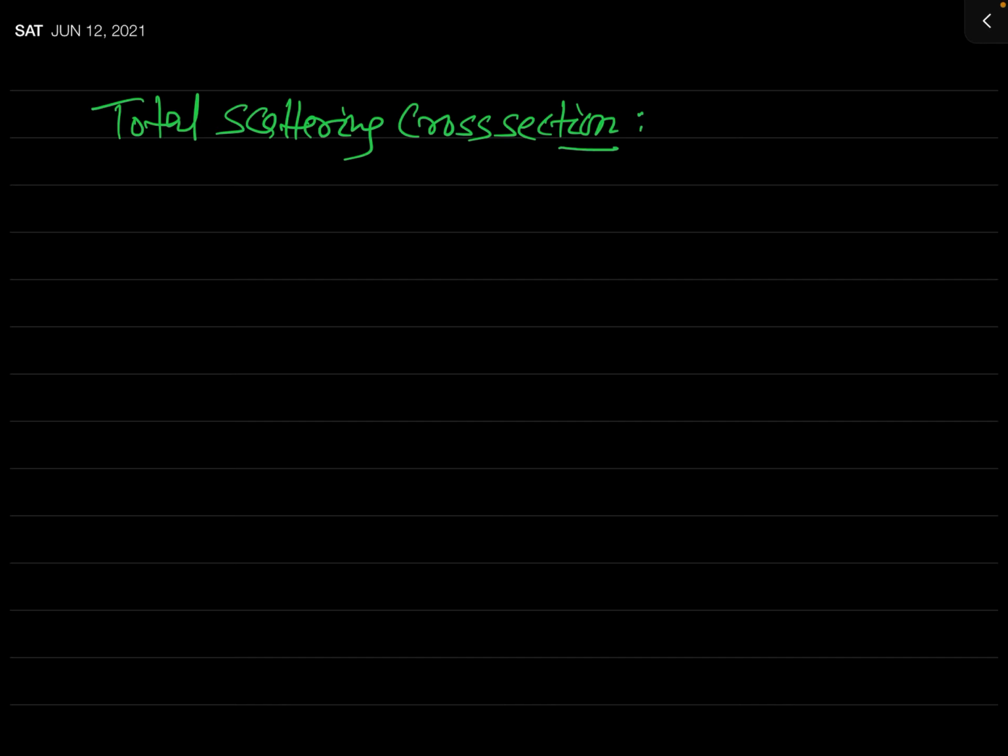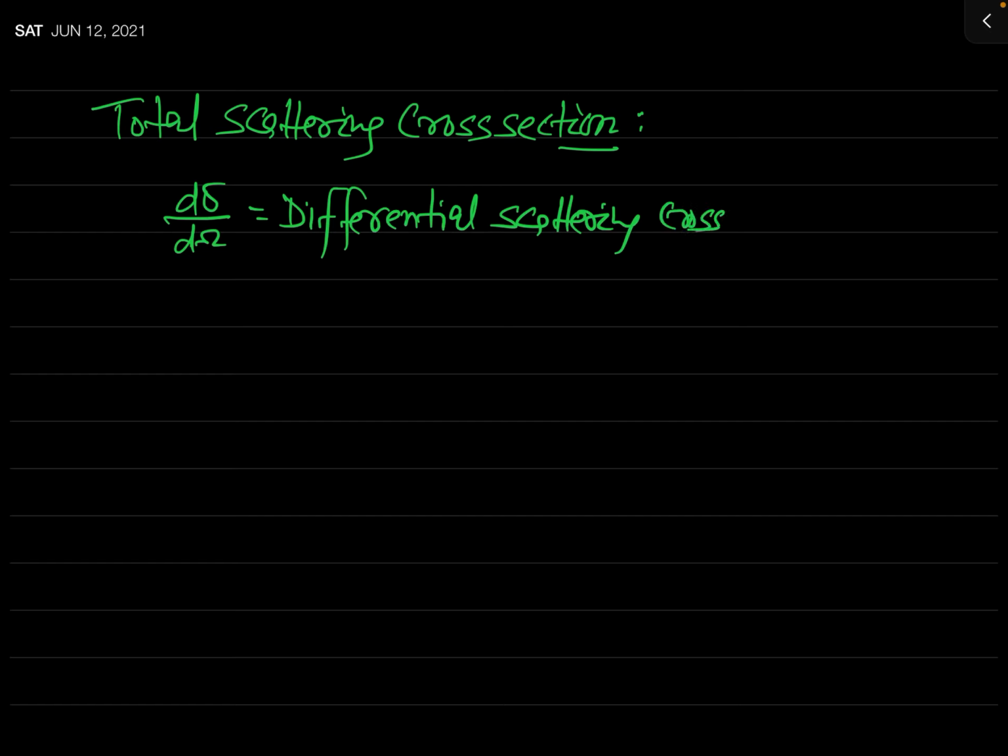So you know that d sigma by d omega is known as differential scattering cross section.